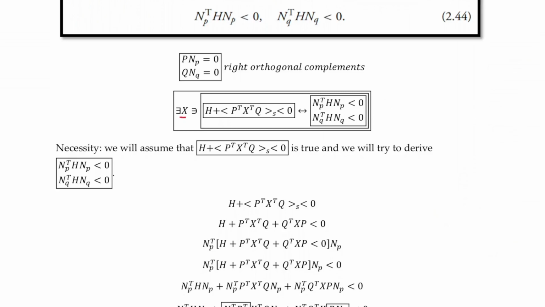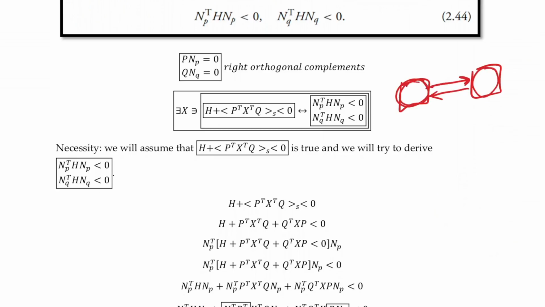There exists a matrix X such that this relationship holds. We want to prove that. We have one condition and we have another condition, and this condition implies that condition.